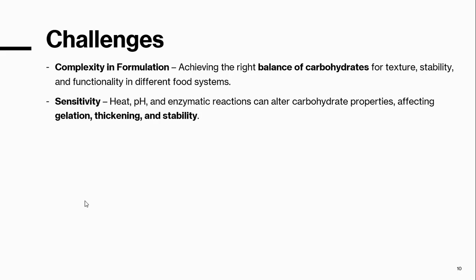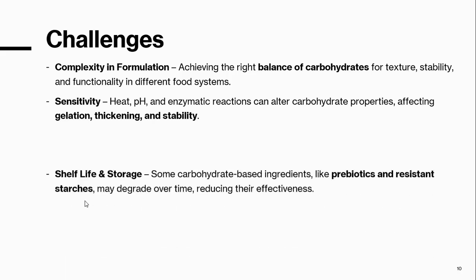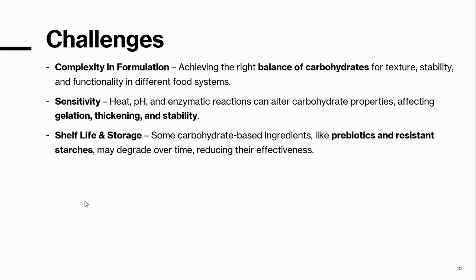They can alter the gelling capability, thickening, and stability, especially with heat, pH, and enzymatic reactions, altering the functional properties and affecting the functional benefits. Some carbohydrate-based ingredients like prebiotics and resistant starch may get degraded over time, thereby reducing their effectiveness.